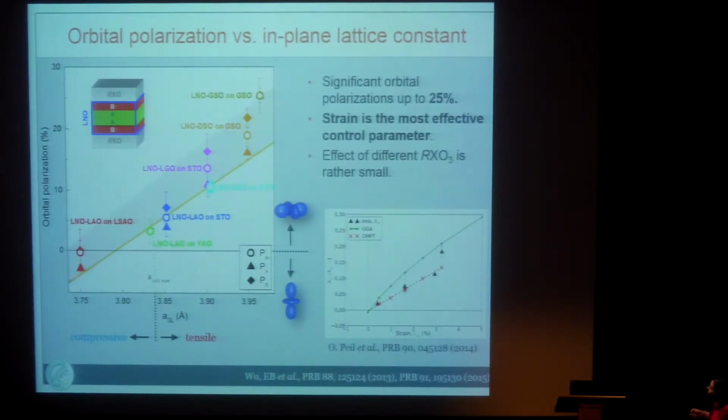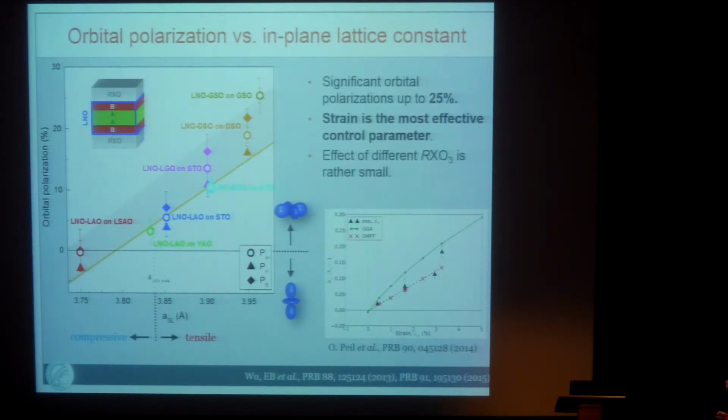In good approximation, we find a linear dependence for the triangles, for the effect of strain. It goes up to maybe 20% or even 25% in total, while the effect of the interfaces, the diamond symbols here, falls into a comparatively narrow window of a few percent.